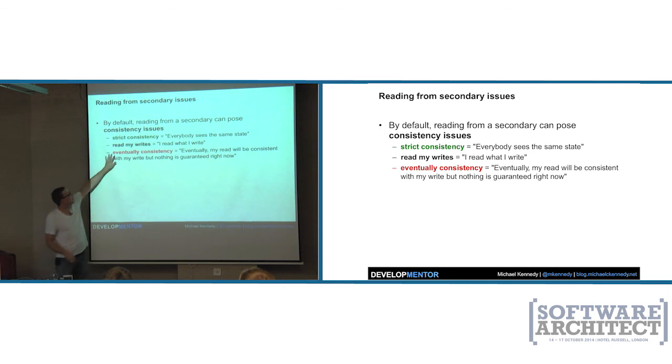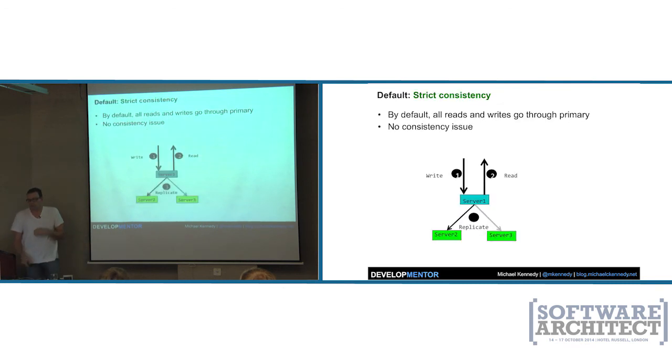So you want this probably read-my-writes level of consistency at least, or you've got to do lots of work to make it slow enough so that the page doesn't refresh, like weird stuff that you don't want to do. So you can do that by basically encouraging, I'll show you. You can set this thing called the write concern. So by default, you read and write from here only, and that's always consistent because that's one server, and it eventually replicates over here.